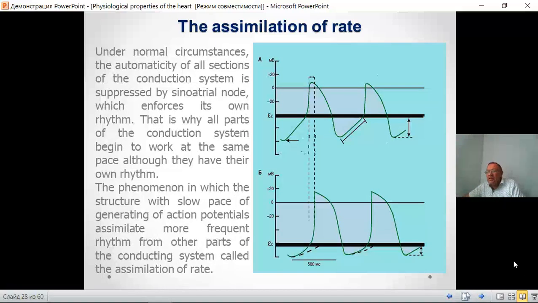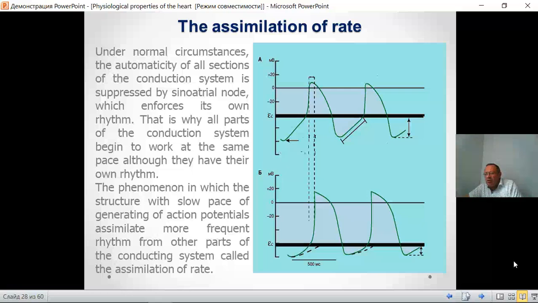The assimilation of rate. Under normal circumstances, the automaticity of all sections of the conduction system is suppressed by the sinoatrial node, which enforces its own rhythm. That is why all parts of the conduction system begin to work at the same pace, although they have their own rhythm.